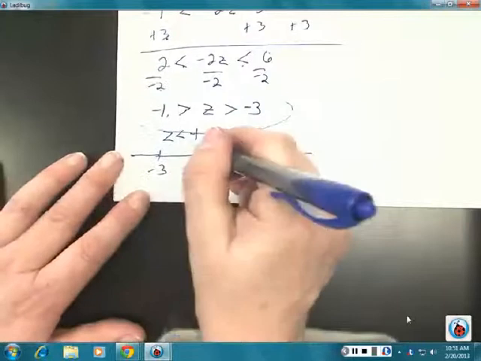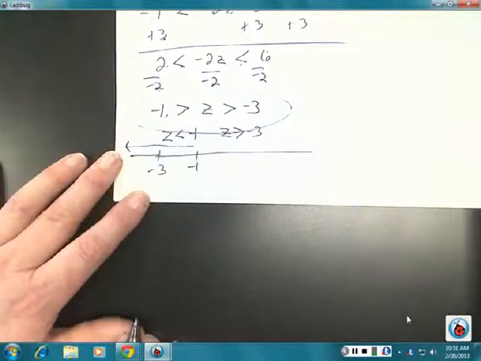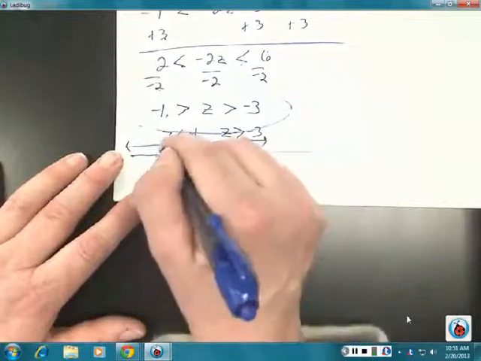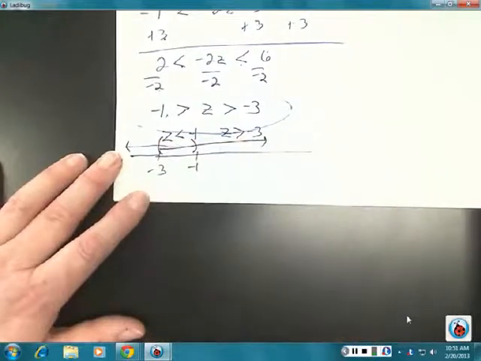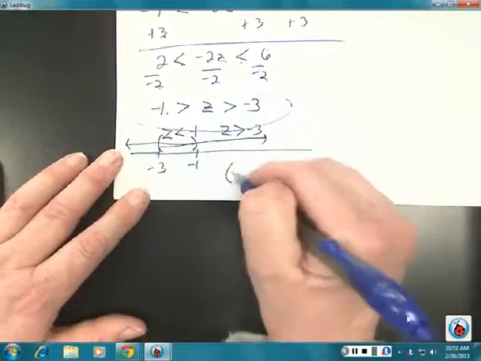Negative 1 to the left. What do we have, brackets or parentheses? Parentheses, okay. Negative 3, also a parentheses, so what's my interval? Parentheses, negative 3, negative 1.